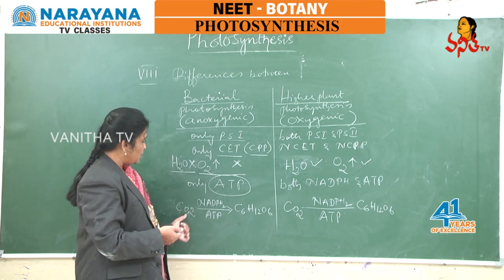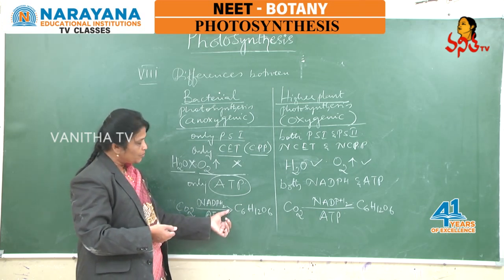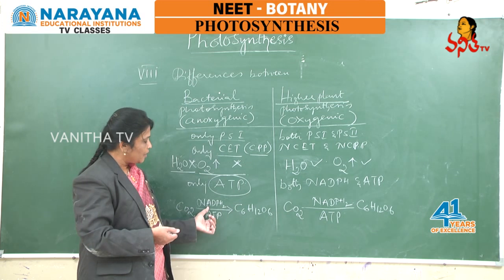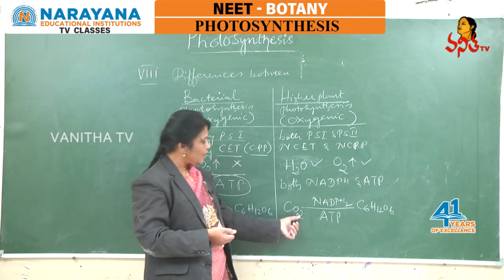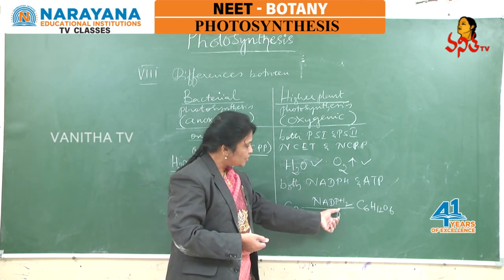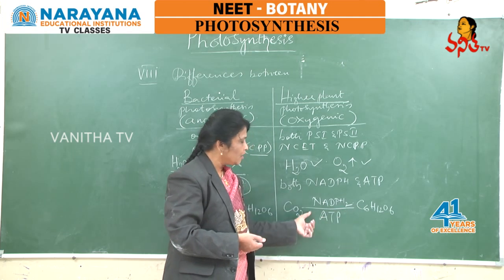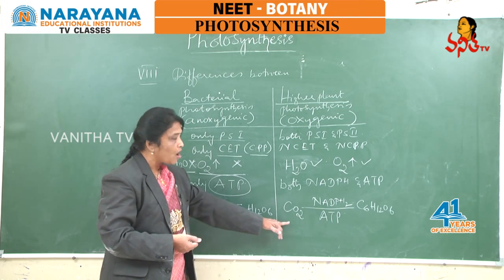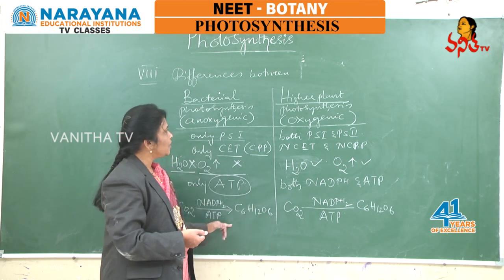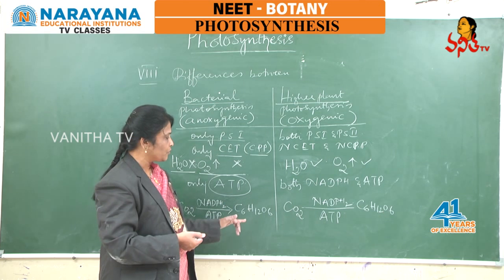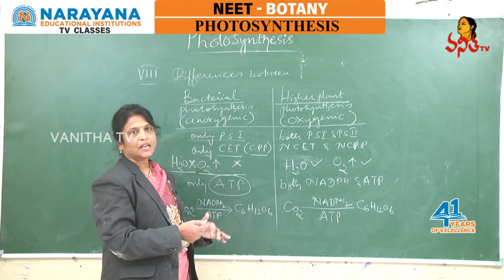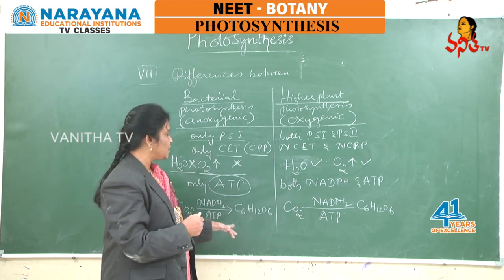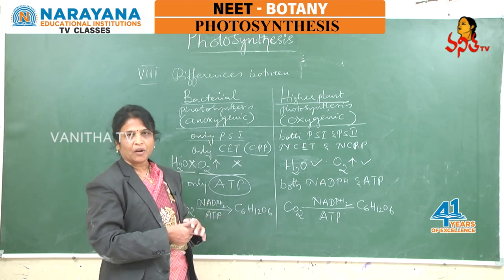In bacteria carbon dioxide is reduced by NADPH2, whereas in higher plants also carbon dioxide is reduced to carbohydrate by NADPH2. So involvement of NADPH2 is common in both, and in both cases NADPH2 is the reducing power that reduces carbon dioxide to carbohydrate.